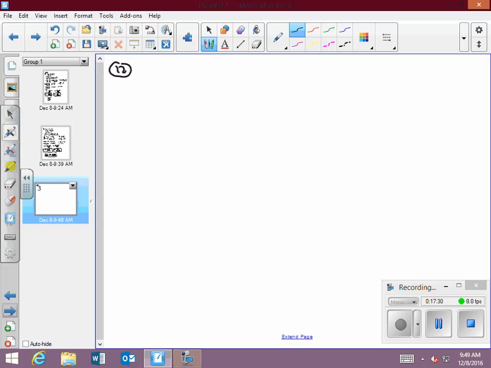We get a matrix: 1, minus 2, 0; 1, 2, and 1; and 3, 1, and 1.